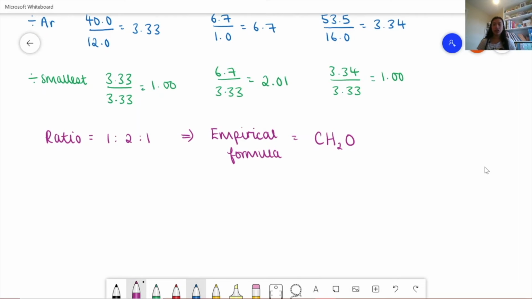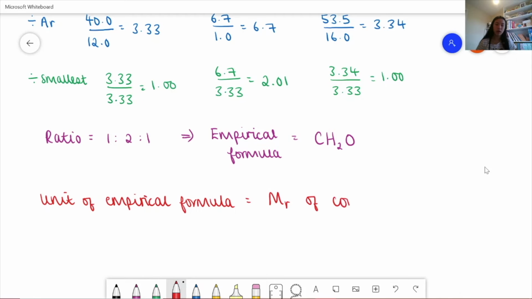So we've got the equation that the unit of the empirical formula is equal to the MR of the compound divided by the MR of the empirical formula.